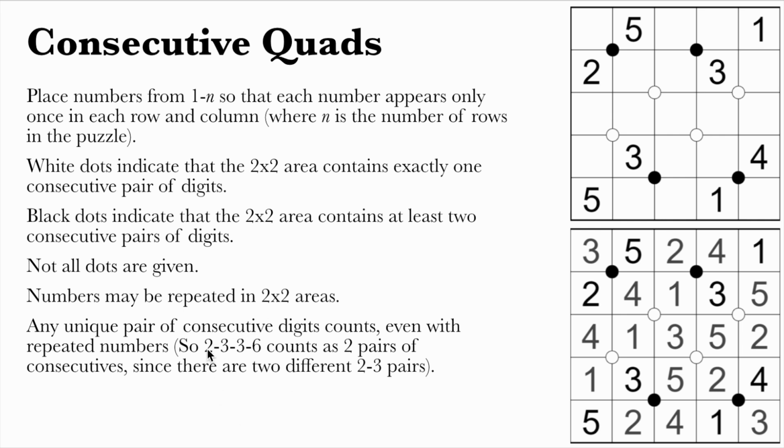So the same 2 is used in both of those. So this is also saying that if the quad had 1, 2, 3 in it, that would have at least 2 consecutive pairs of digits, the 1, 2, and the 2, 3. That the 2 isn't used up in that scenario. So those are the rules of consecutive quads, and it's time to solve a puzzle.